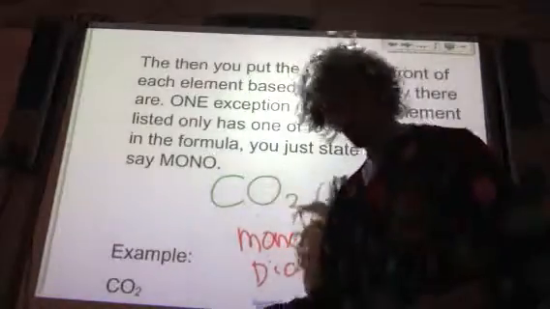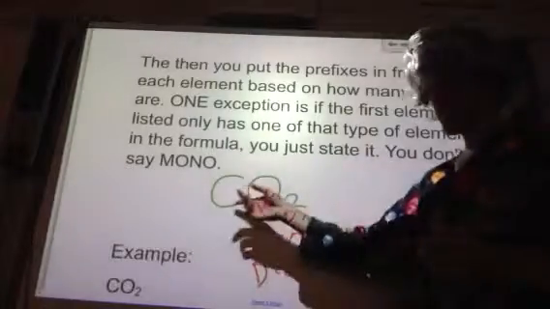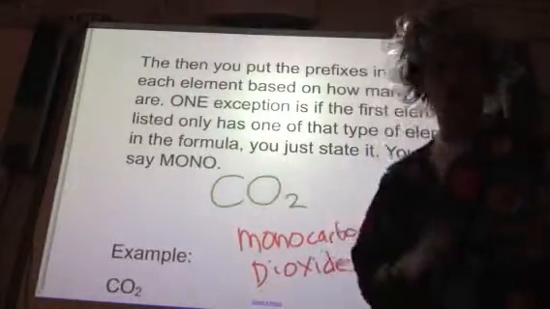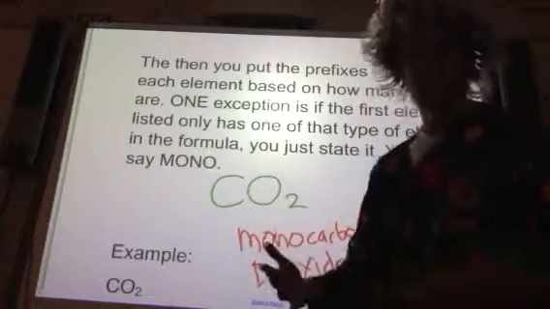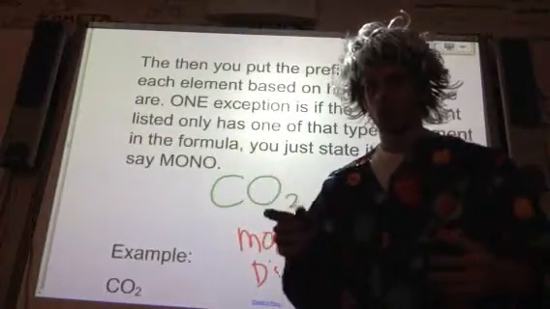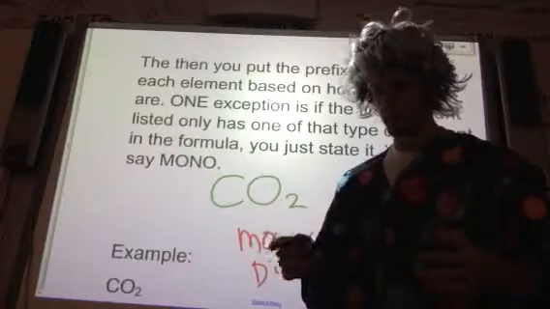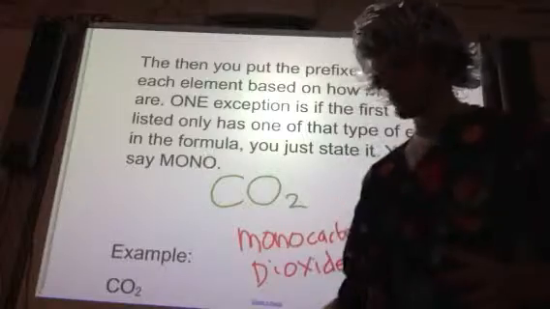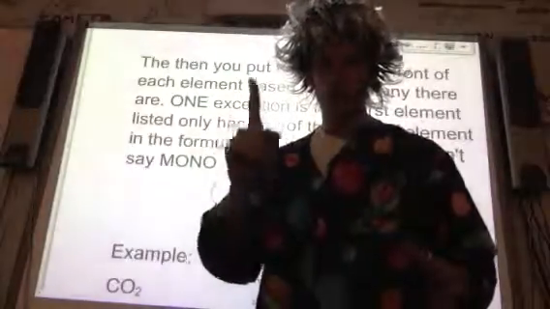Now, that sounds really, really long to say. So generally, most of these atoms or molecules, if they start with one, we just cut off the top chunk. Why even bother saying mono? It's redundant. It'd be like saying, I have one twin.